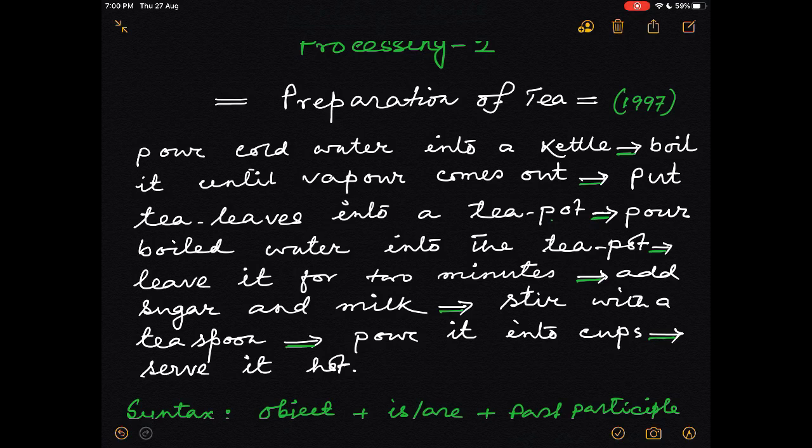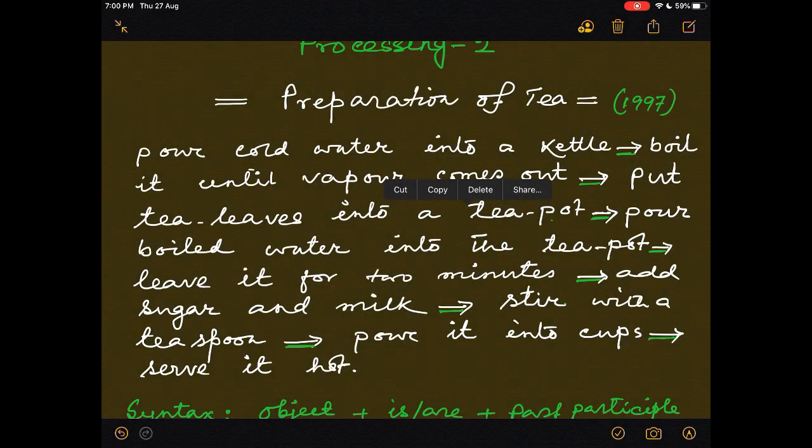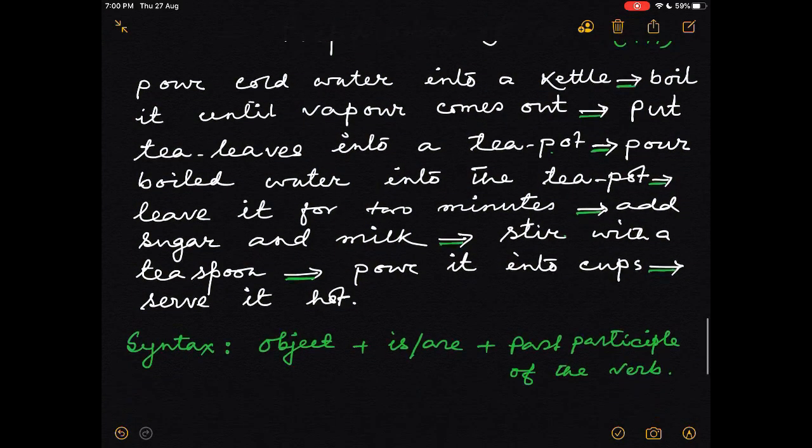Pour boiled water into the teapot. Leave it for 2 minutes. Add sugar and milk. Stir with a teaspoon and pour it into cups. Serve it hot. Okay? And use this syntax.